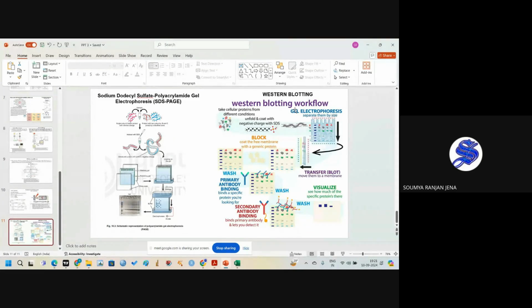In qRT-PCR, you know the expression of all RNA molecules. Here you can see the expression of any type of proteins.